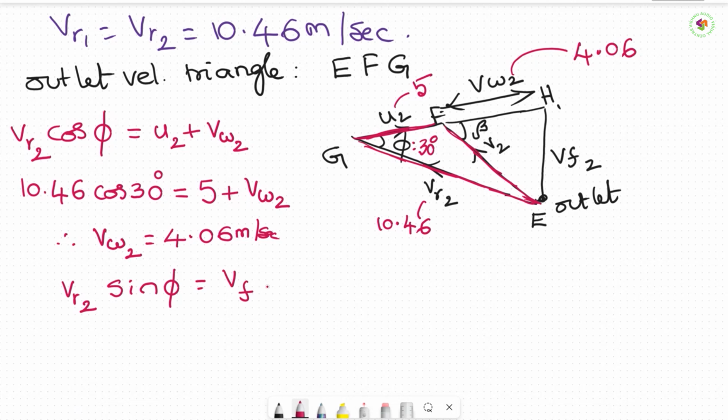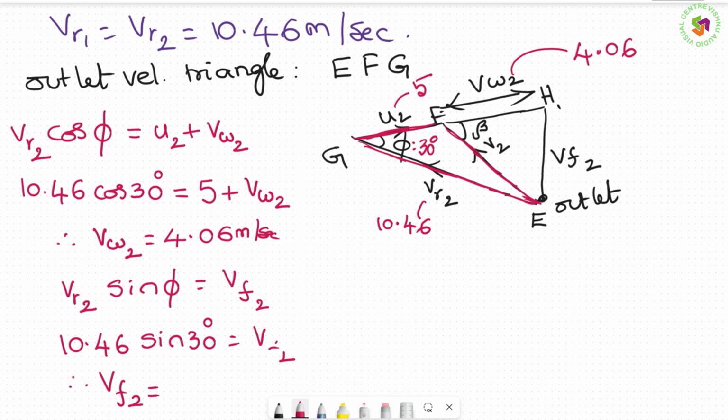So VR2 is 10.46, so 10.46 sin 30 is equal to VF2. Therefore VF2 is 5.23 meters per second. This is what I got.